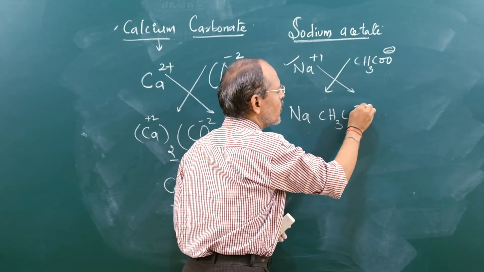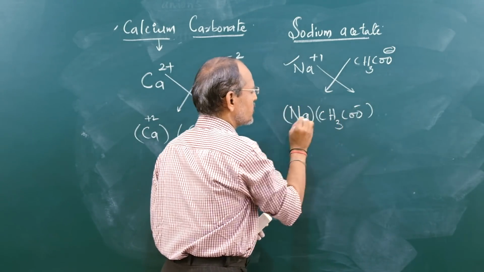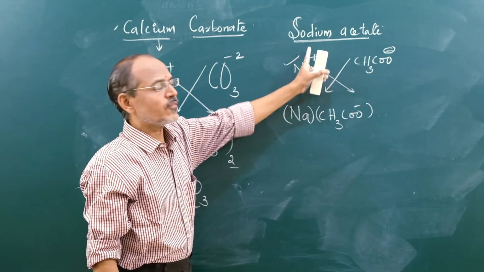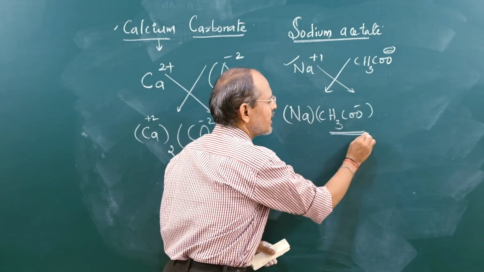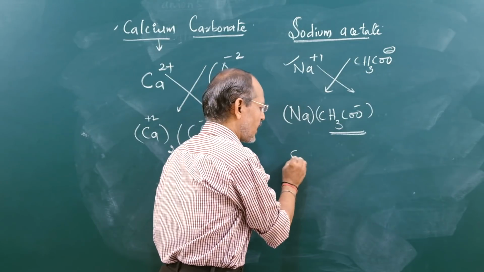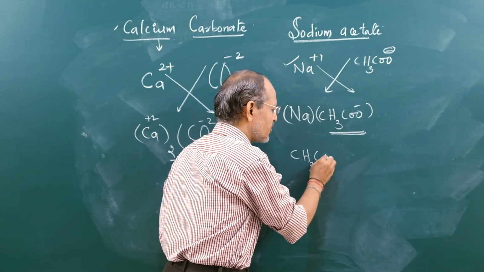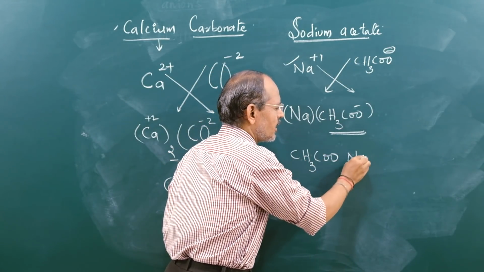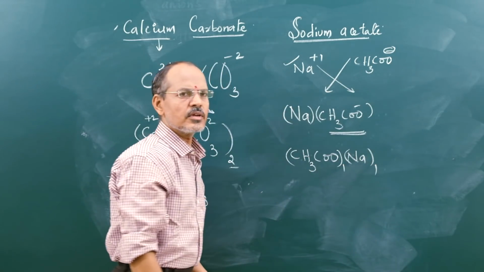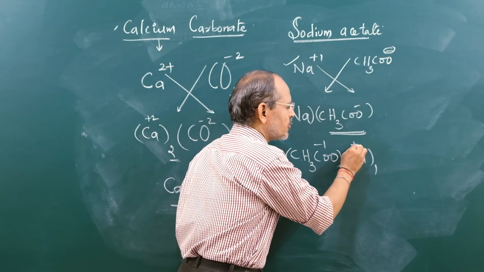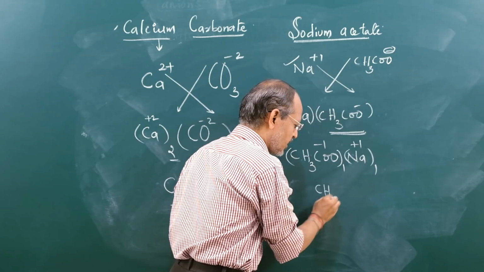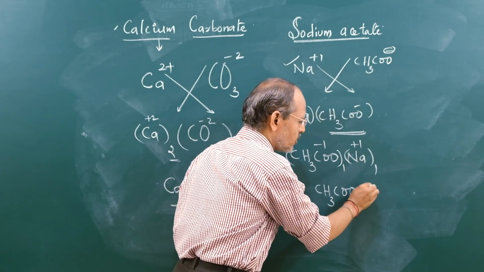While writing organic molecules, we first take the negative part followed by the positive part. So I can write CH3COONa. This is one time, this is also one time, minus 1 and plus 1, so the ratio is the same. So I can write CH3COONa.